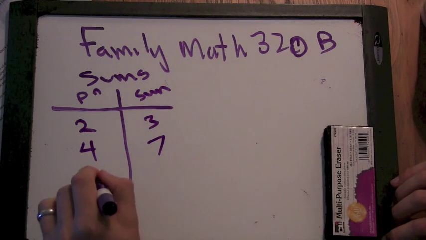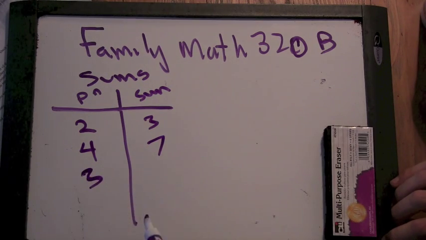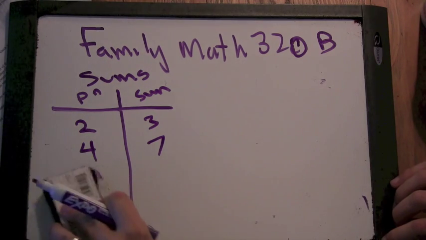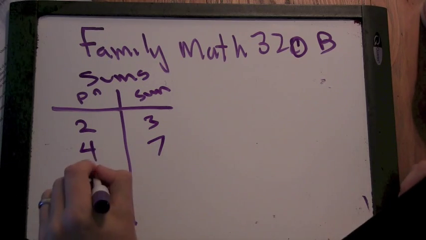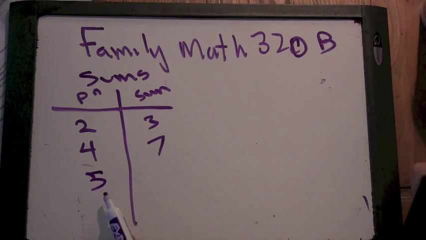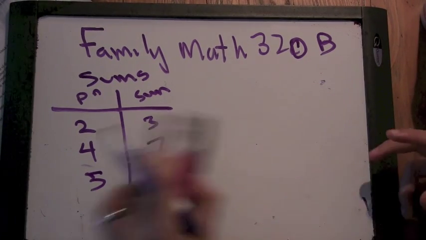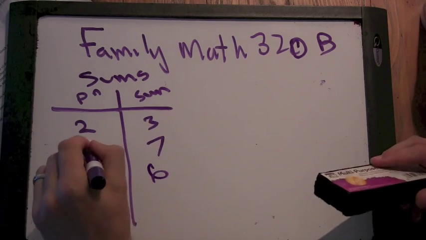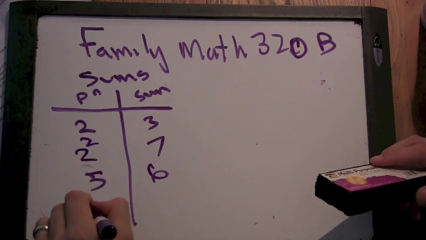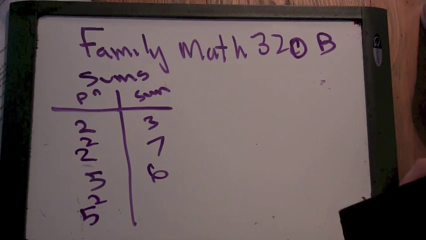For 5, what's the sum of the divisors of 5? Well, it's 5 and 1, so it's 6. Maybe I should write the 4 as 2 squared. Then what's this? 31.